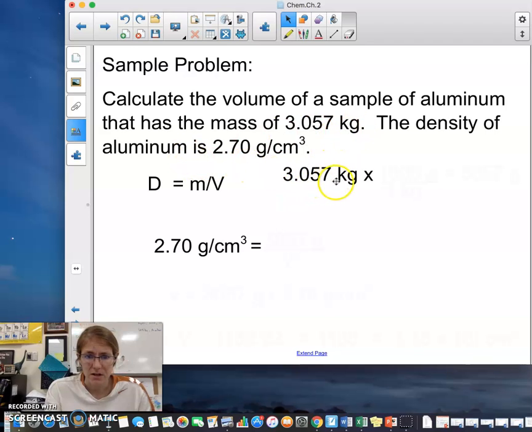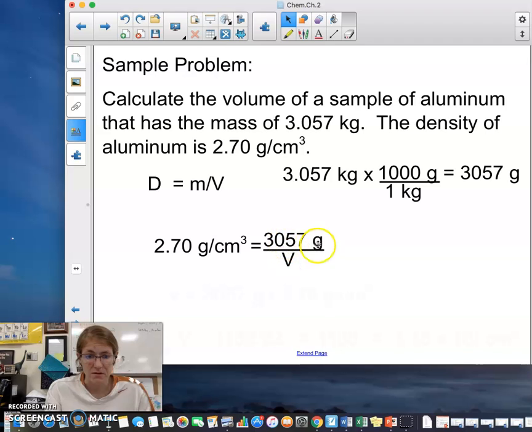So you start with what you're given, and you say, okay, I'm in kilograms, so kilograms goes on the bottom, and you want to get to grams. How many grams are in a kilogram? That's 1,000. So 3.057 kilograms times 1,000 is 3,057 grams. So I have 3,057 grams on top over V. I'm going to solve for volume.